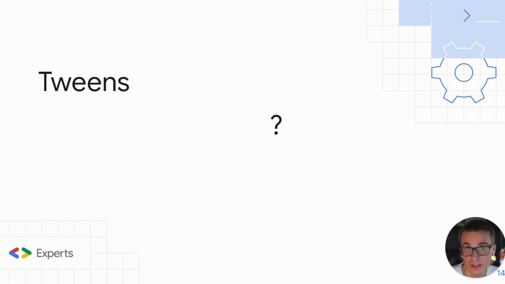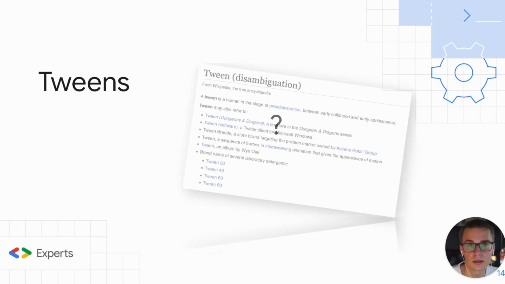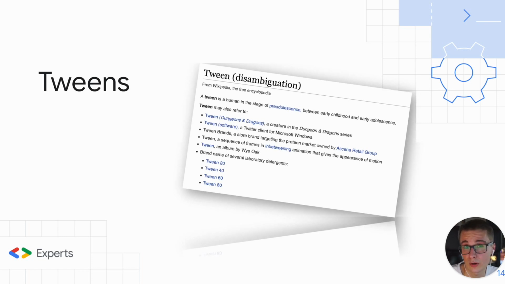I mentioned tweens several times already, and I wanted to clarify more or less what they are. I know that for many people at the beginning, tweens are not something intuitive, and I wanted to make it more intuitive for you because I know that it's very useful. I found that tweens as a term appeared much earlier than programming languages even became a thing.